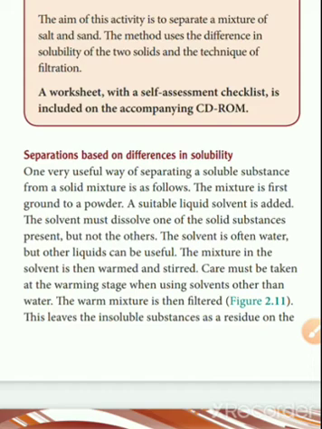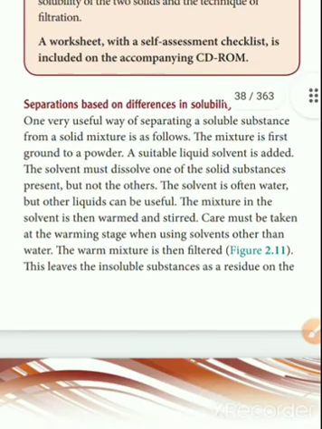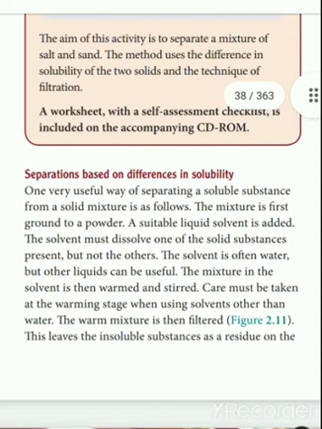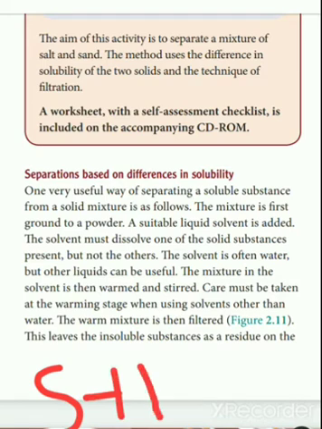So again, if we refer to the magnet plus salt mixture, the solvent is going to be soluble with the salt because it is water. The solvent must dissolve one of the solid substances present, but not the others.